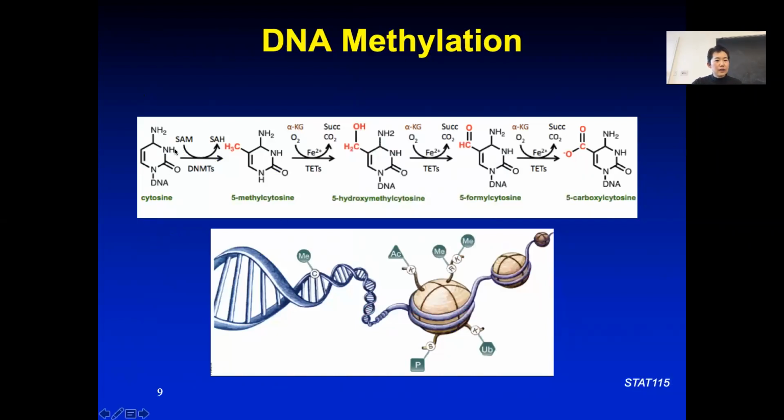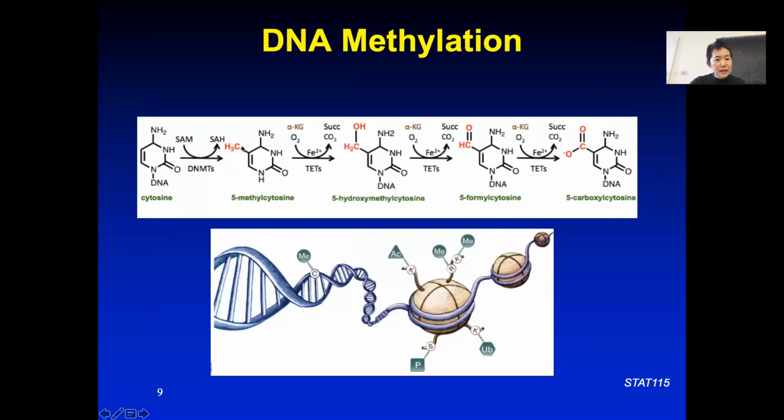So this is a C nucleotide. Normally there's also a sugar and a phosphate on the DNA nucleotide, but this is the C, and there's an enzyme which adds the methyl group. Previously at this location there's a carbon, and the carbon is connected to a hydrogen.